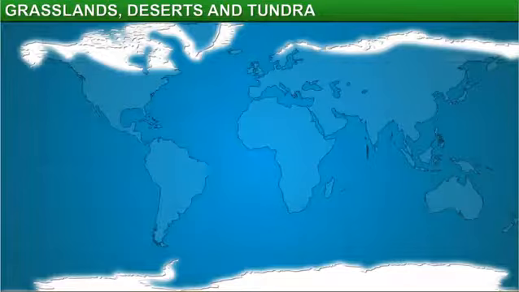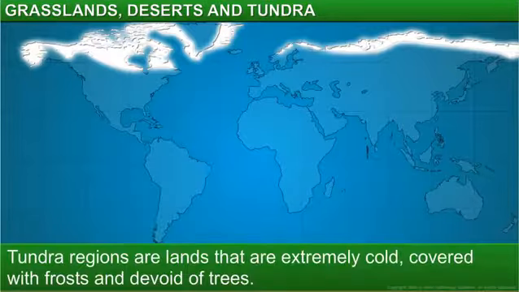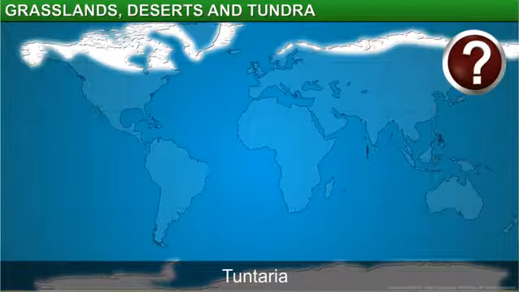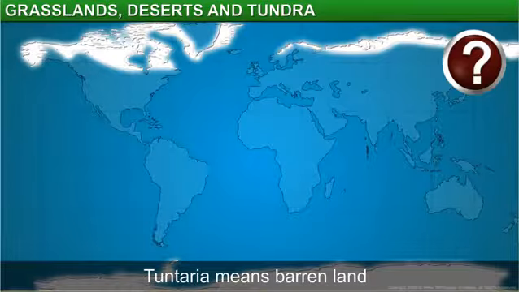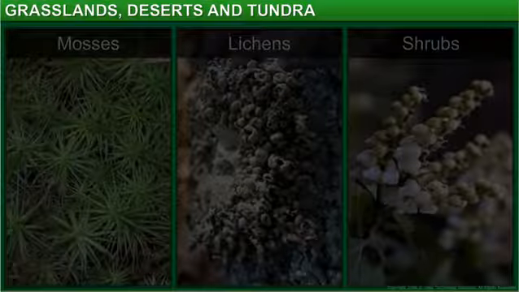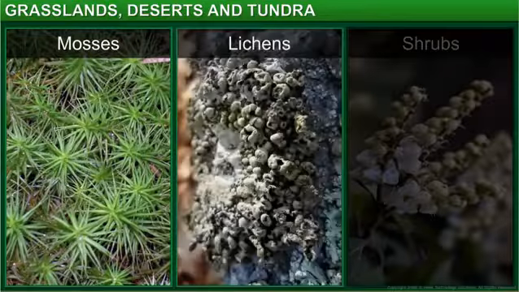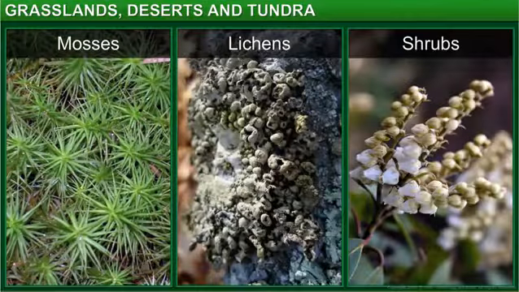Tundra regions are lands that are extremely cold, covered with frost and devoid of trees. Did you know that the word tundra comes from the Finnish word tunturia, which means a barren land? The vegetation in these regions is sparse and treeless, and limited to mosses, lichens, and very small shrubs.